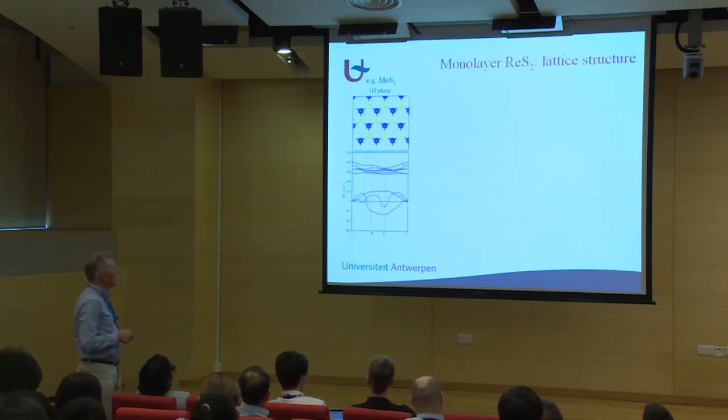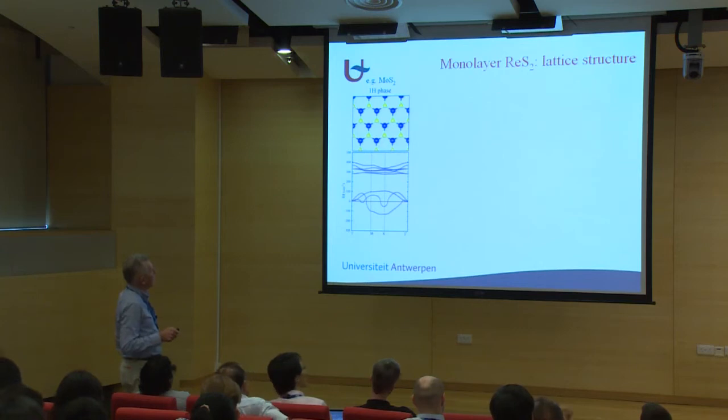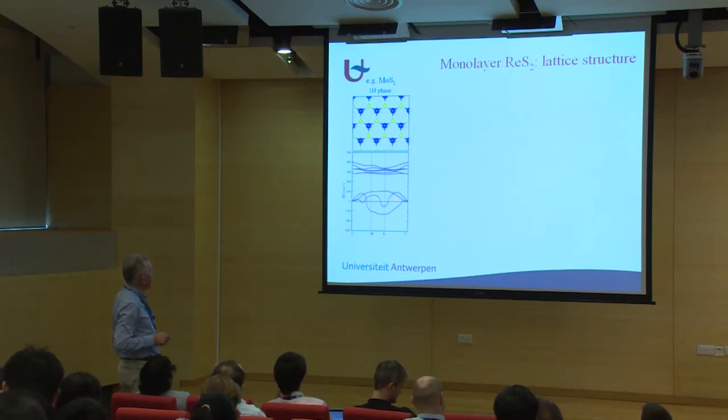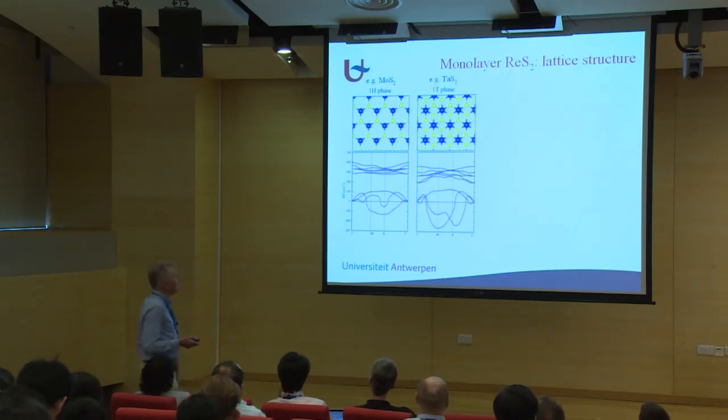So what's the lattice structure? We know that the molybdenum and tungsten dichalcogenides usually have the 1H phase. If we look for rhenium disulfide in this phase, we see that the phonon spectrum has imaginary components. If I plot the phonon frequency as negative, it simply means that the phonon frequency is imaginary, so the phase is not stable. The 1T phase is the same, also not stable.